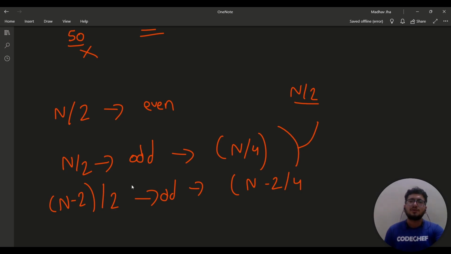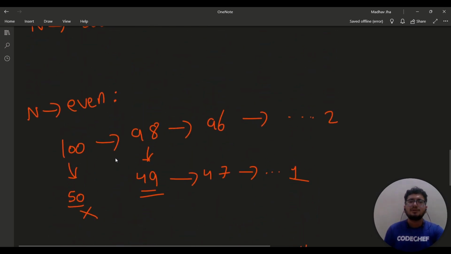So with this, for n is equal to even, first we will capture all the even numbers via the first operation, and then we'll apply the second operation on either n or n minus 2, and from there we'll capture as many odd numbers as we can get. And this will give us the maximum number of distinct numbers that we can get. And this is our solution.